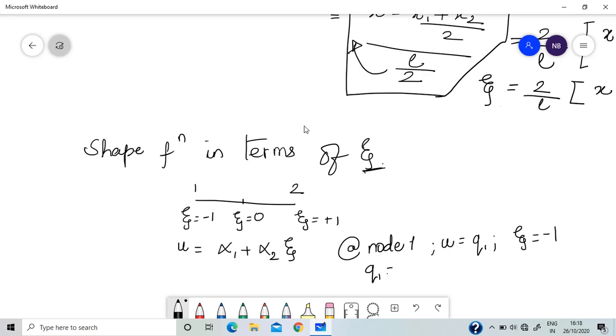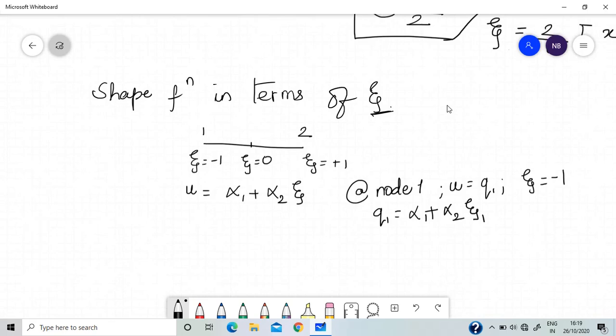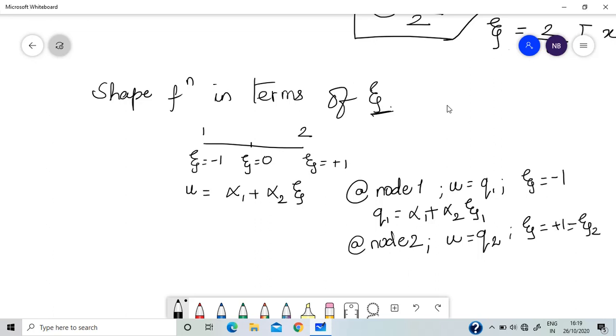So we will have q1 equals alpha 1 plus alpha 2, and let us call it zeta 1. At node 2, I'm not yet putting the value of zeta as -1 in this equation. Let us call the displacement at node 2 as q2, and zeta is +1, or let's call it zeta 2.